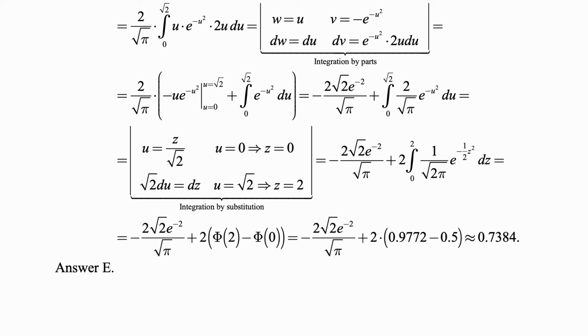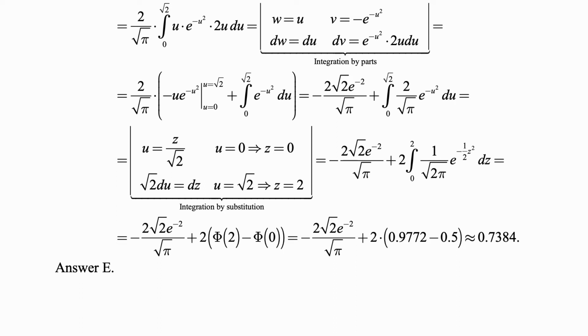Okay, so we take this expression, e to the minus u squared times 2u du, as the differential of v defined by minus e to the minus u squared. Then dv is e to the minus u squared times 2u du.